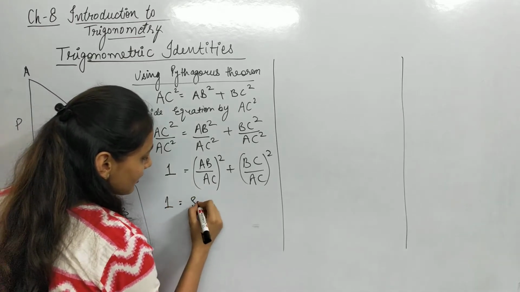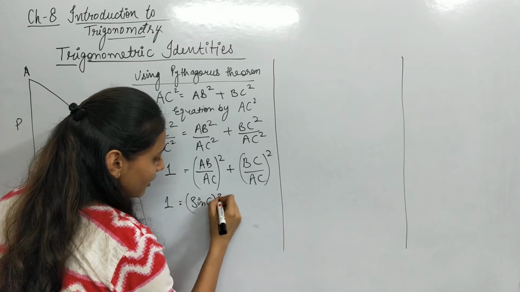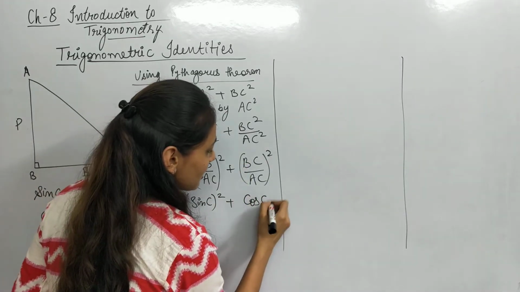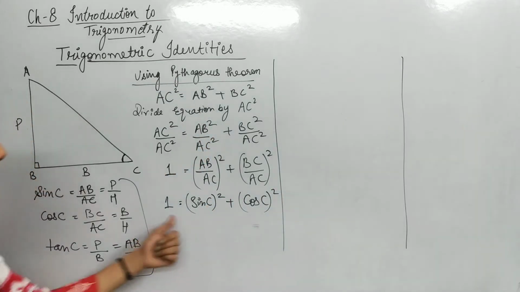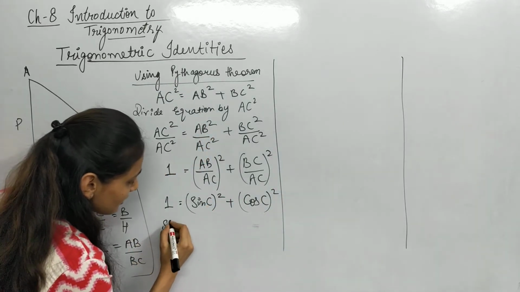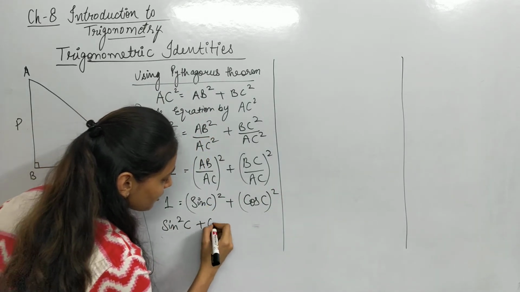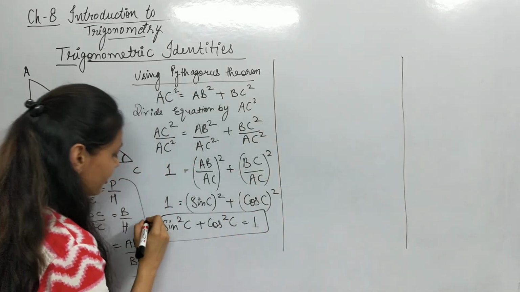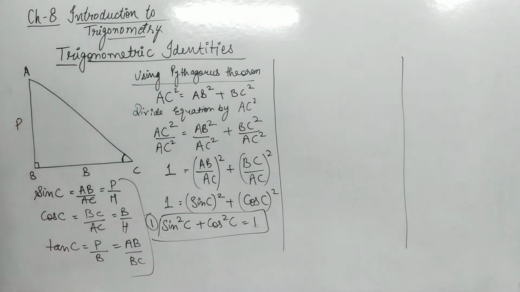So if AB upon AC is sin C, we get here sin C square plus BC upon AC is cos C square. So from here we get the identity, that is sin square C plus cos square C is equal to 1. This is the first trigonometric identity.